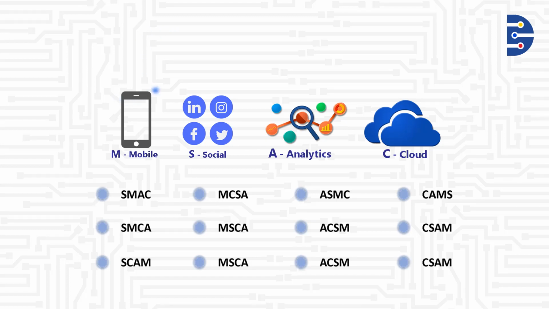Or would you have first a cloud, then mobility, then social, and then analytics? We have many permutations and combinations with the four technologies. I want you to take a couple of minutes, and while you are thinking through on this, I'm going to play you some background music.